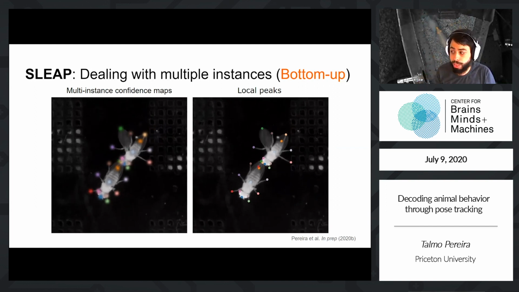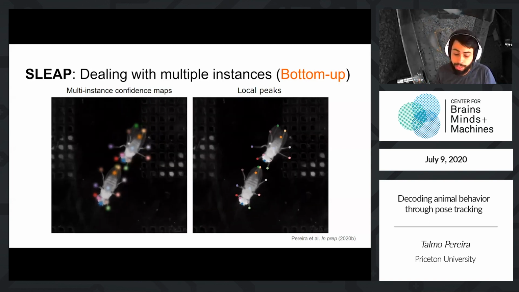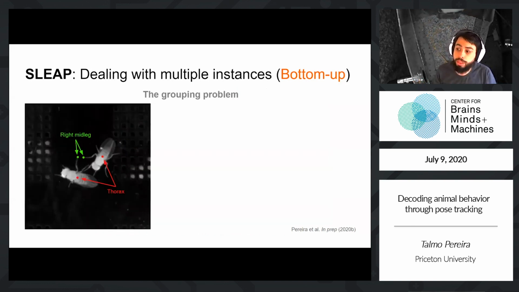And great. So you say, well, maybe now I have all the body parts for all of the animals, and maybe I'm done. But you have to deal subsequently with the grouping problem. And the grouping problem entails resolving situations like this, where say that you have two instances of the same body part, like say the thorax of a fruit fly and the tip of the right mid-leg of a fruit fly.